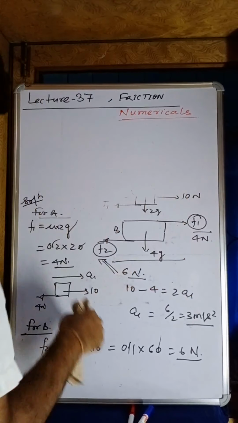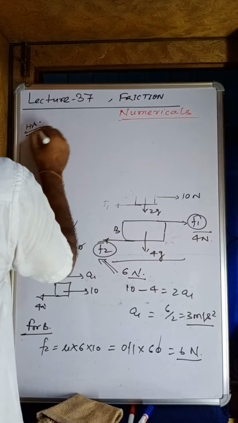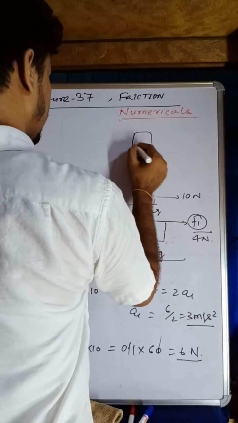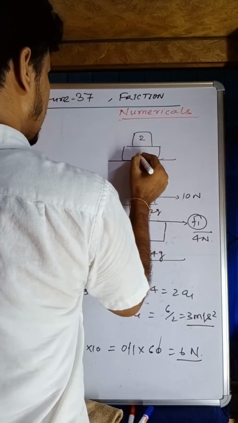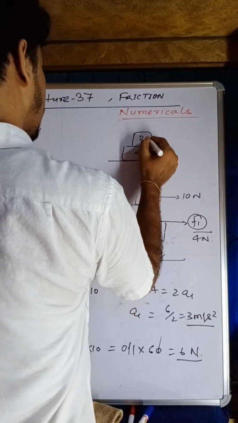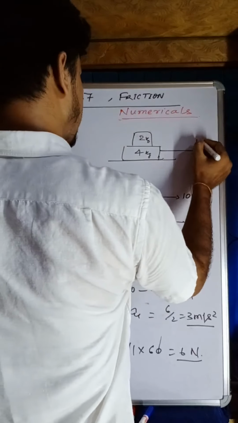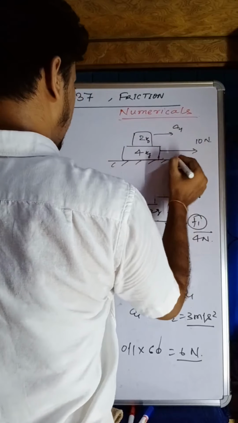Let me make one homework from this question, my dear students. We have 2 kg and 4 kg blocks. We have applied 10 Newton over this one. If we apply 10 Newton over this body, then what will be the accelerations of both the blocks, A1 and A2?